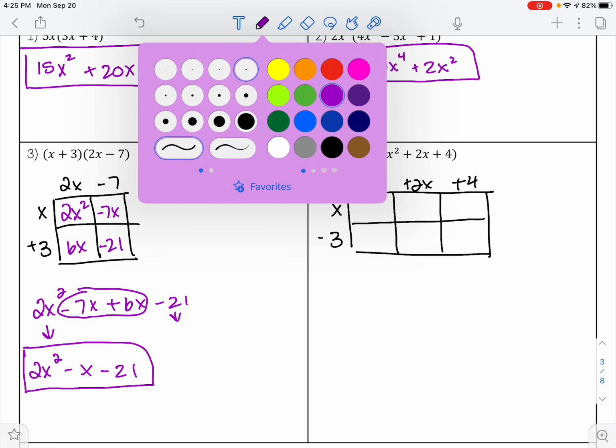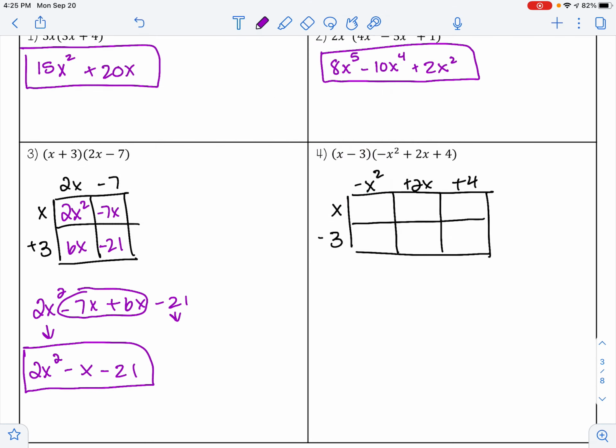Now that we have gone ahead and set up the area model, we can go ahead and multiply. X times negative x squared is negative x cubed. X times 2x is 2x squared. X times 4 is 4x. Negative 3 times negative x squared is positive 3x squared.